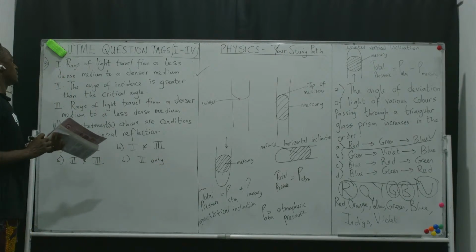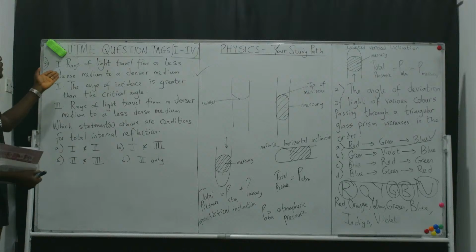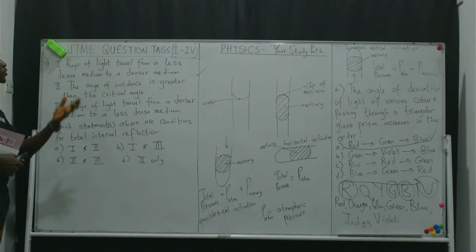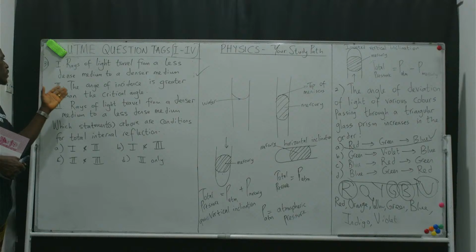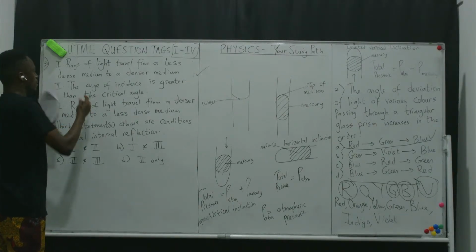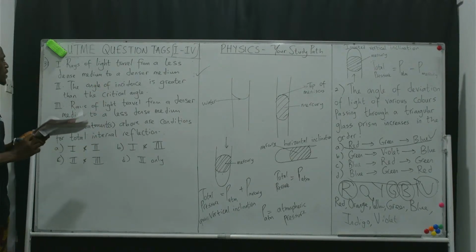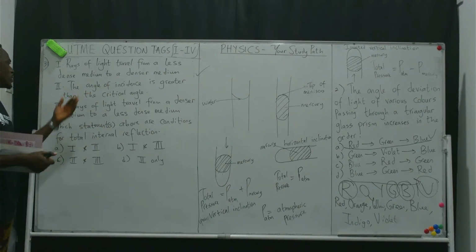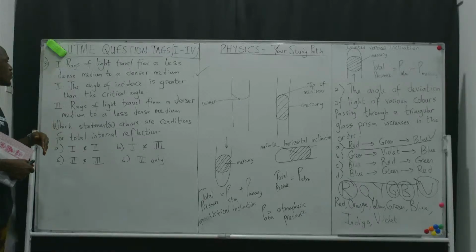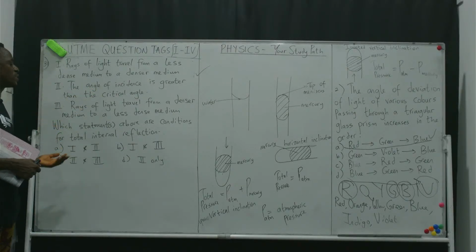What conditions are necessary for total internal reflection to occur? The first one is saying that rays of light have to travel from less dense medium to denser medium. The second says the angle of incidence should be greater than the critical angle. The last has this to say, the rays of light travel from a denser medium to a less dense medium.